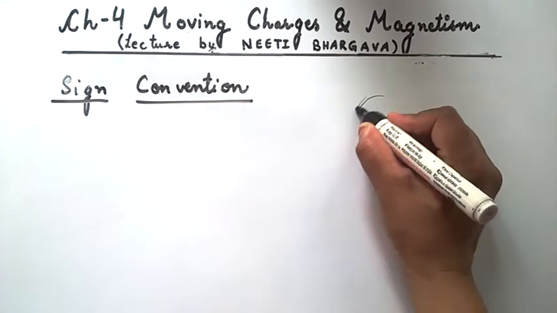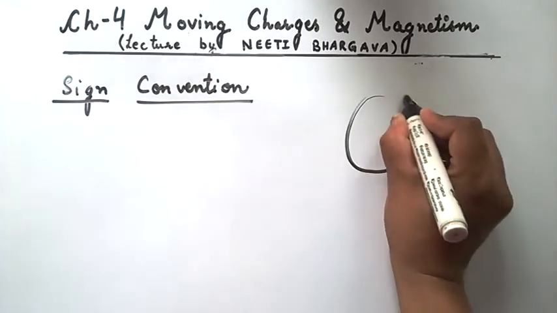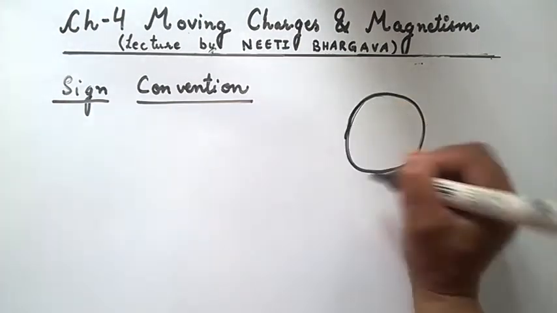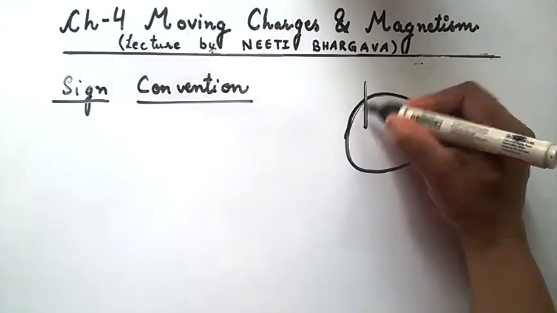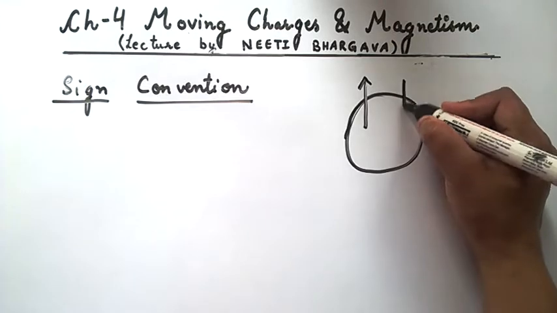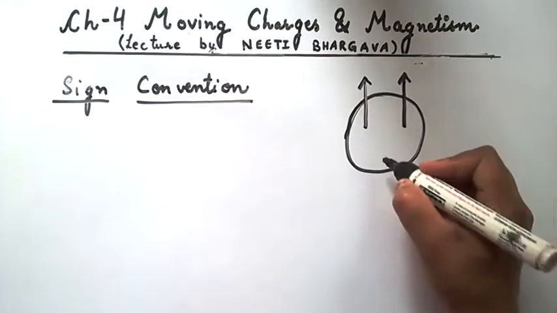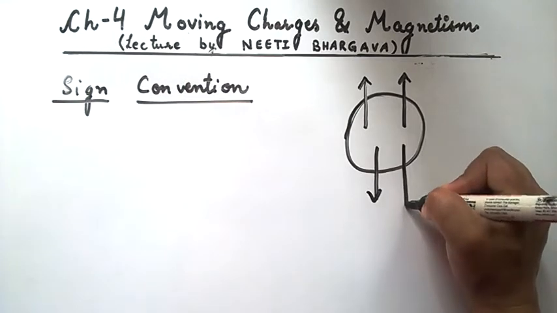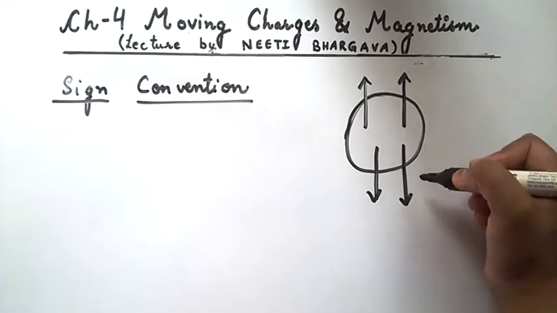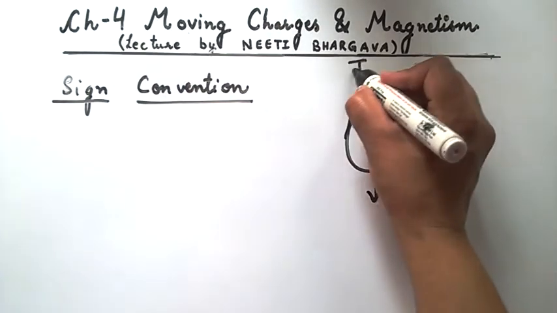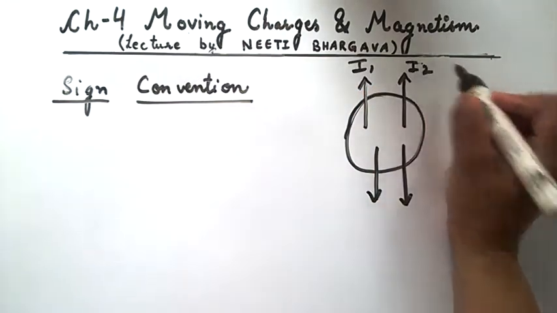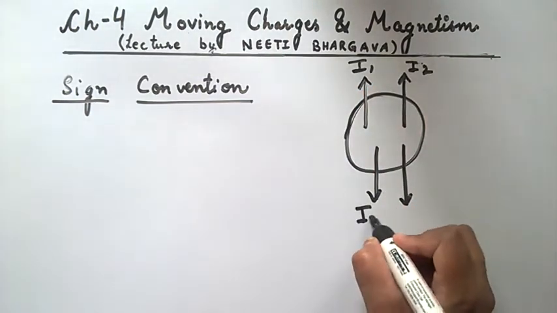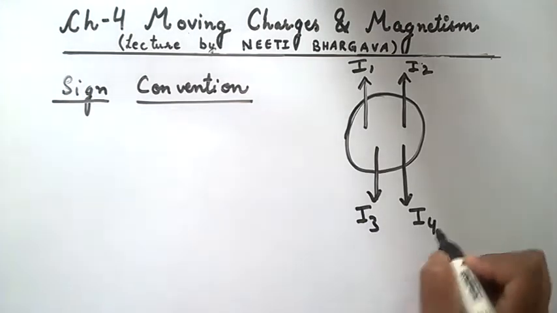Consider a closed loop or an Amperian loop in a current carrying conductor. Let the direction of current be in this way, that is, the currents are passing through the closed surface in these directions. Let I1, I2, I3 and I4 currents be there.